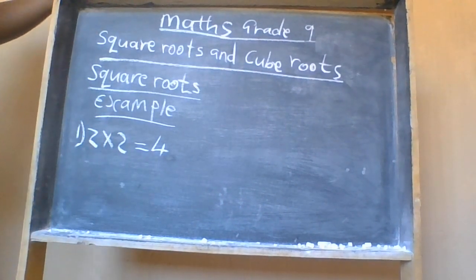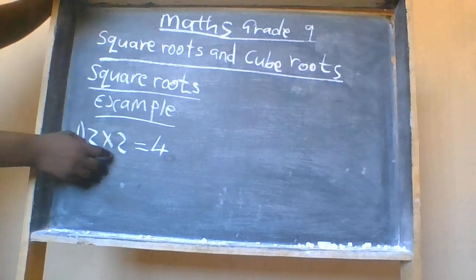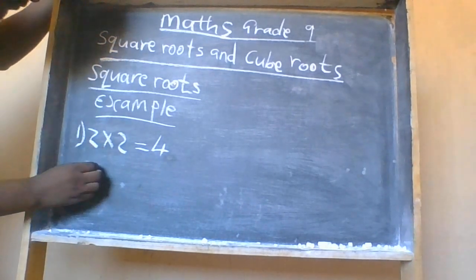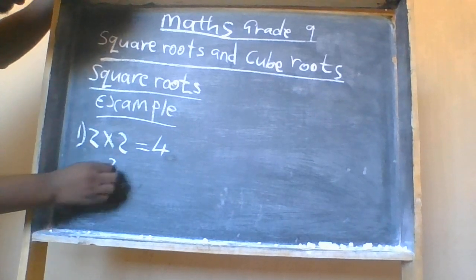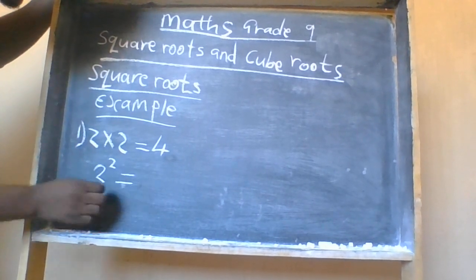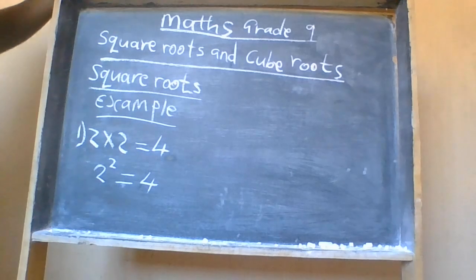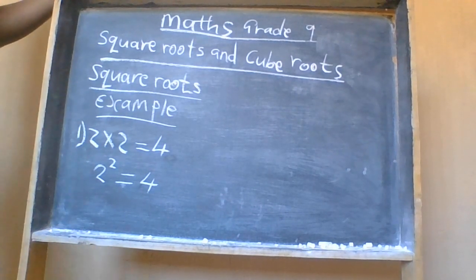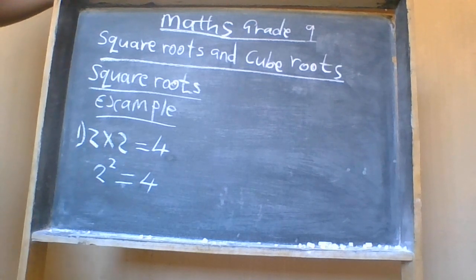So by squaring 2, it is the same as if you say 2 squared, then the answer will still give us 4. The square of a number is the value that is obtained when we multiply the number by itself.